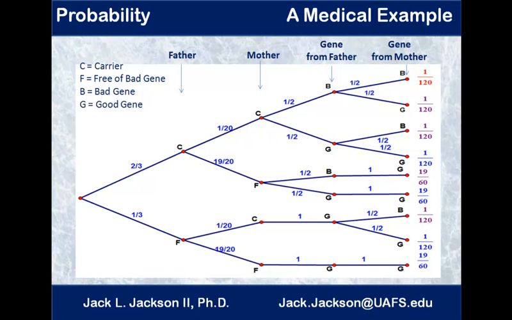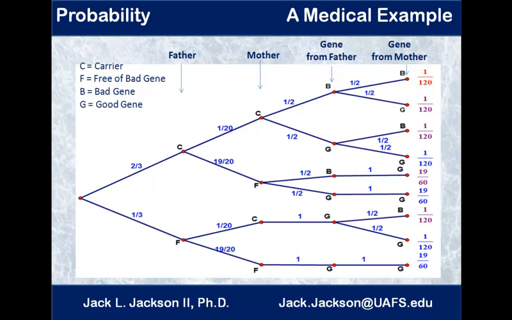So notice at the first stage we're choosing whether the father is a carrier or free. And there's a 2/3 chance that he's a carrier and 1/3 chance that he's free. So those are the labels on that first branches. Now, independent of that, the mother's probability of being a carrier is 1/20th.